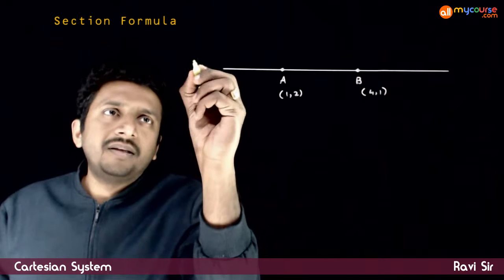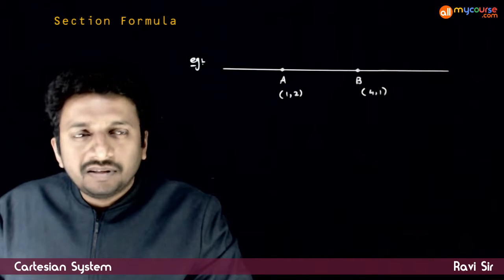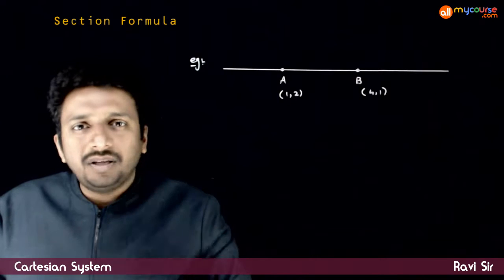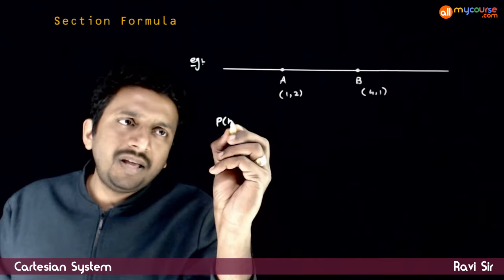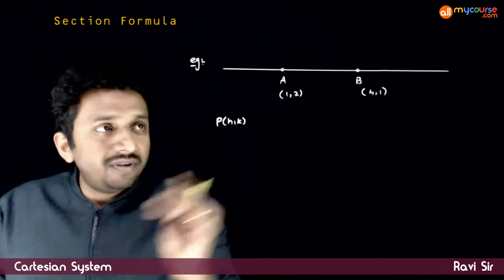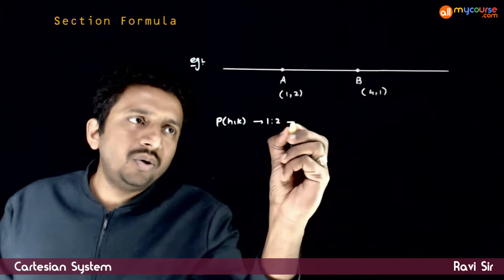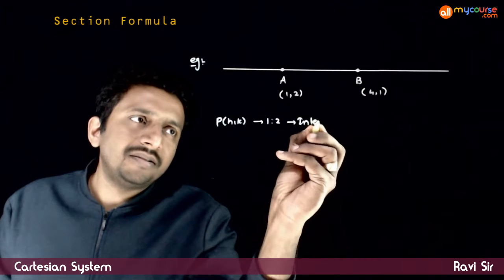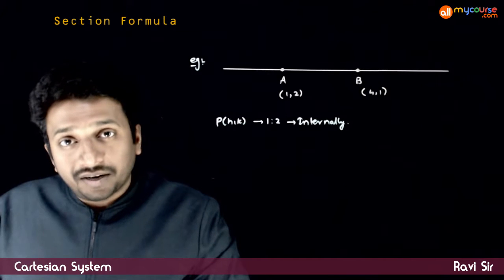So for example, let us consider 2 points A and B. A is (1, 2), B is (4, 1). Now I want a point P(h, k) which divides AB in the ratio 1:2 internally.